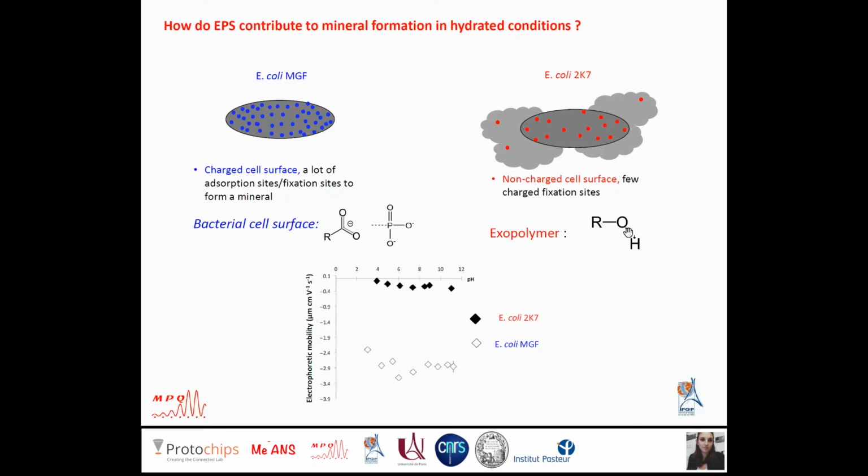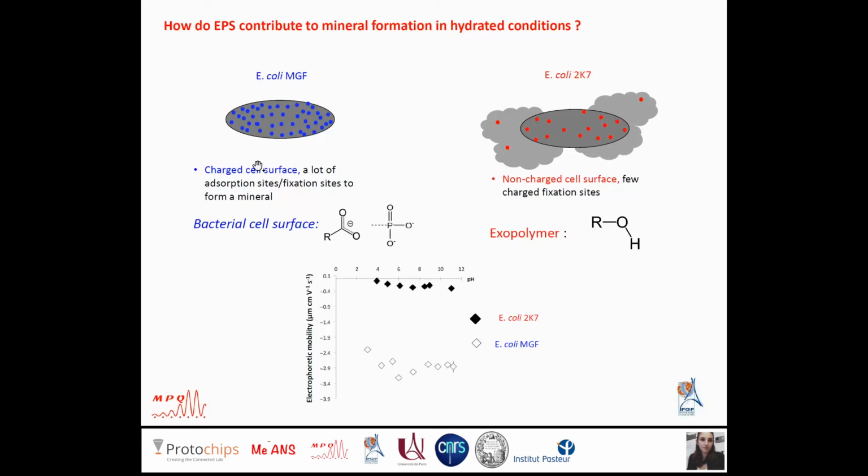The first strain, Escherichia coli 2K7, in red, produces an abundant and dense cellulosic exopolymer. The second one, Escherichia coli MGF, in blue, on the contrary, does not secrete this bulky exopolymer surrounding the bacterial cell, but produces rather nascent pili on the bacterial cell surface.